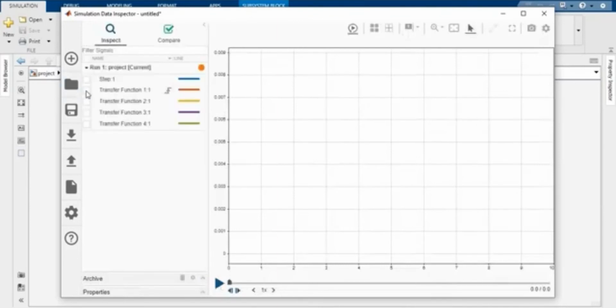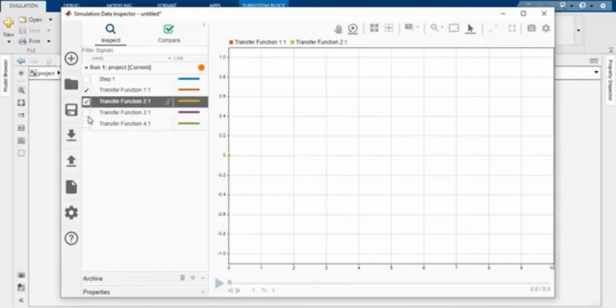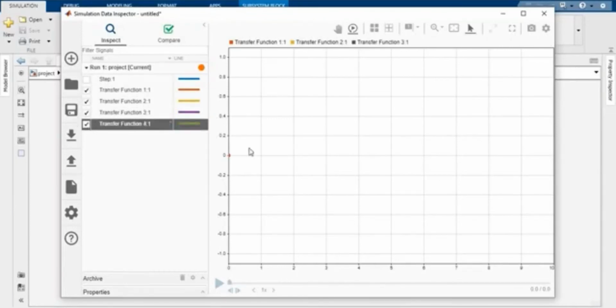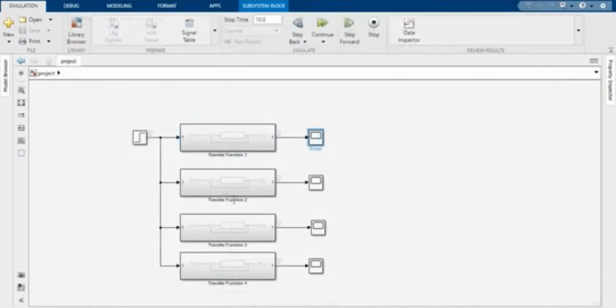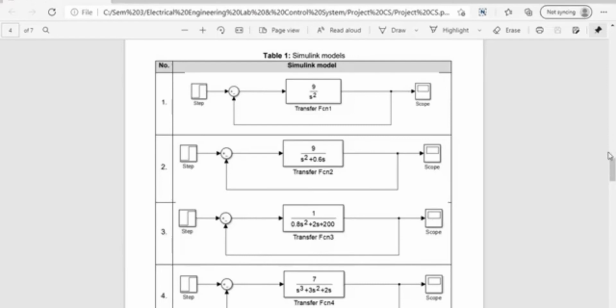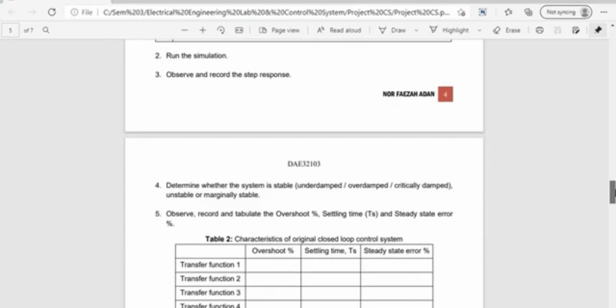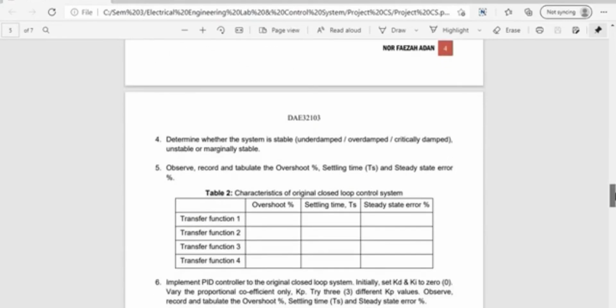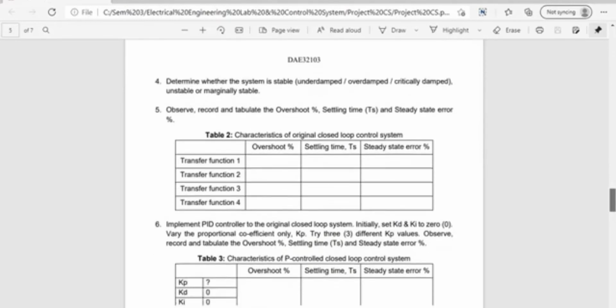Okay, this is transfer function 1 output. Let's continue to the task below, which is we have to implement PID controller in the system, and we have to reduce the overshoot, settling time and reduce the error in the system.